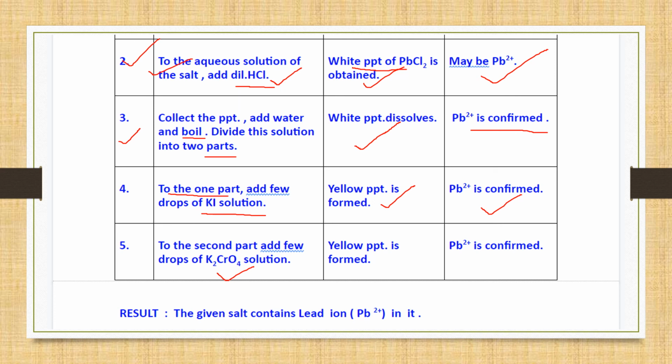Students make this mistake. Instead of K2CrO4, they add K2Cr2O7, which is orange in color. You don't have to add that. You have to add K2CrO4, which is a yellow colored solution, and it will give you a yellow precipitate instantly. So these two tests confirm that there is Pb2 plus in the given salt, and then the result: the given salt contains lead ion, Pb2 plus ion in it.